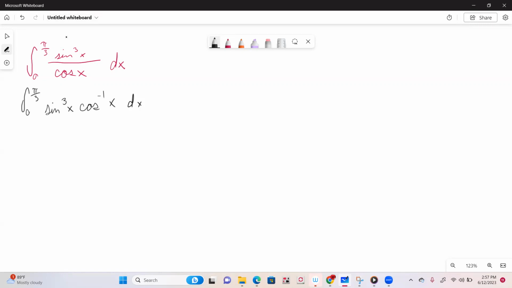Now from here, I broke apart sine cubed, and the reason why I did this is so I could use my trig identities. So now we have sine squared x times sine x times cosine to the minus 1 of x, and of course, dx. Can't forget that.